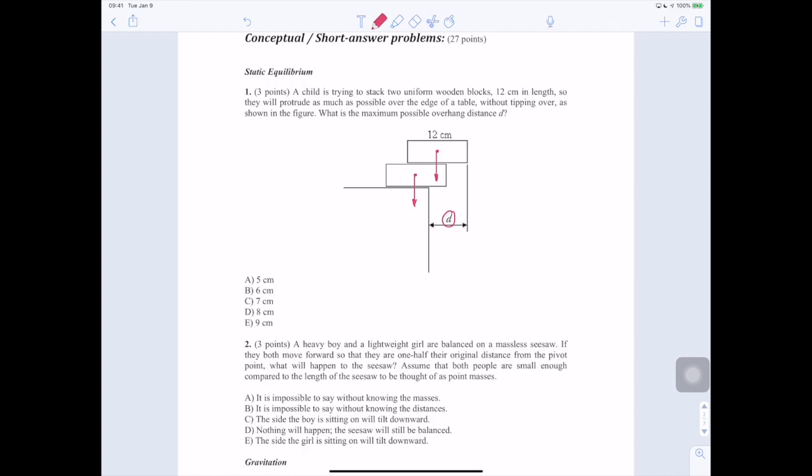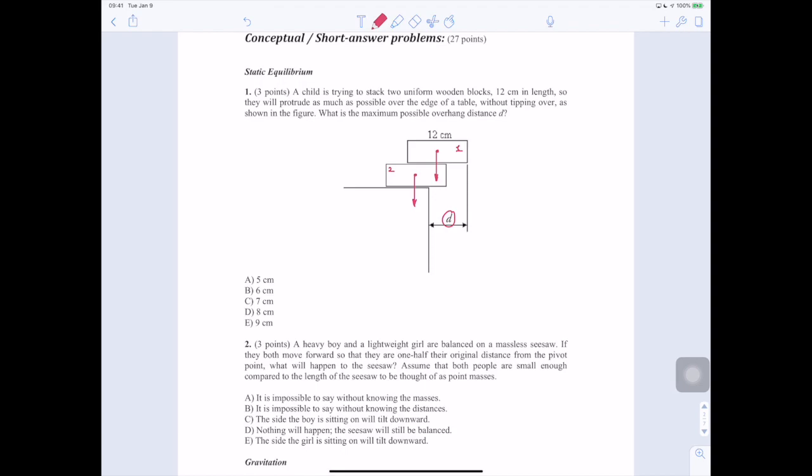If you now consider the top block, let me refer to this as 1 and 2 here. The interaction between block 1 and block 2 is such that there's a normal force from 2 onto 1. There's, however, also a normal force from 1 onto 2.